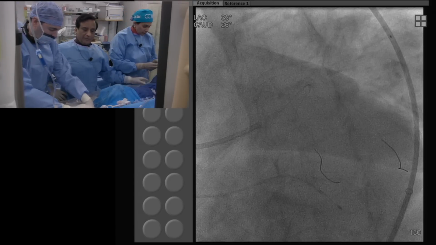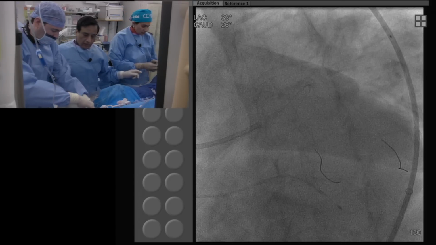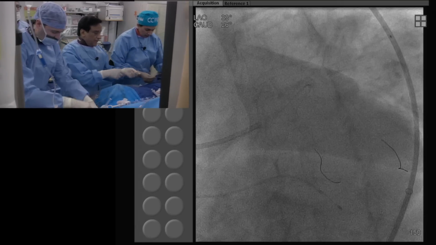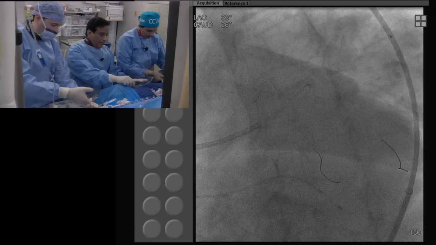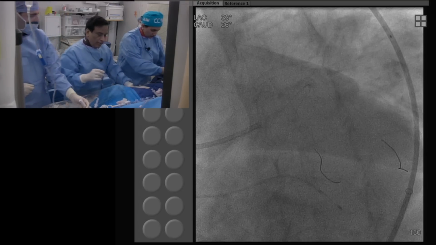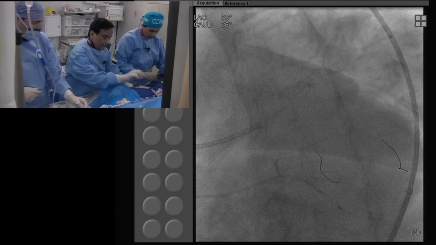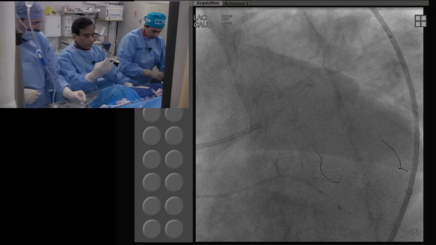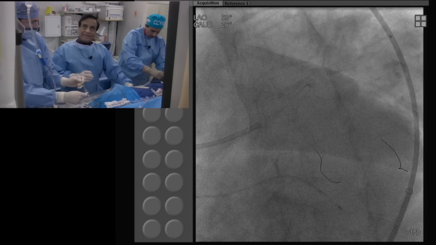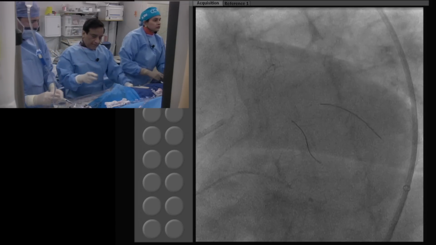We are trying to do IVUS of the circumflex, and I just want to let everybody know that we are talking about the left main as a standard now, of course, because Park from Korea has had a lot to do with bringing it to the main stage, with subsequent trials and so forth. In 1998, Samir, you remember, in our first CCC symposium, we did 3 unprotected left mains.